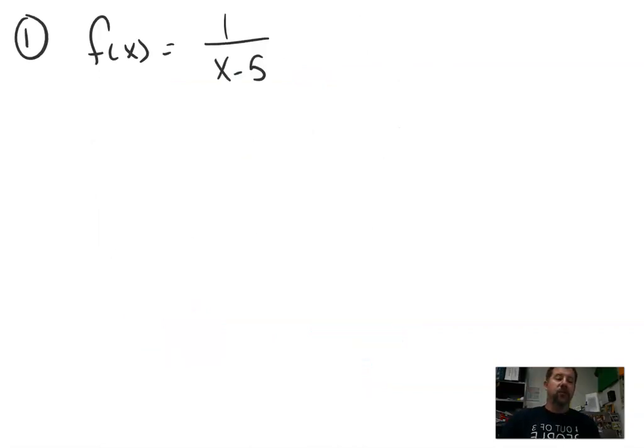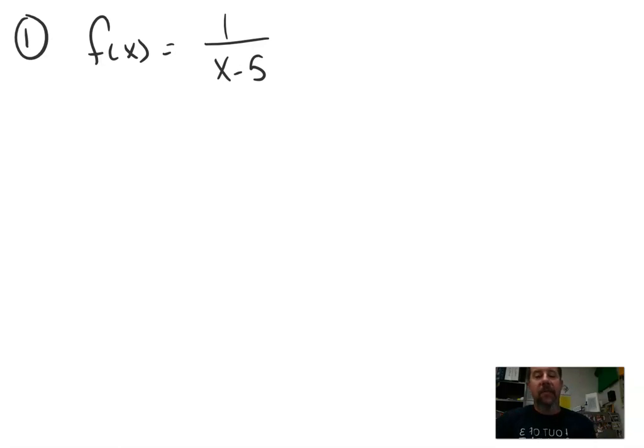Okay, so for this first one here, we're given f of x equals 1 over x minus 5. And we want to find what is the largest possible set of points on which the following function has an inverse. All right, and so we could do this kind of analytically and just think about it, or if we know what this graph looks like, or we could actually go and graph it either by hand or on our calculator.